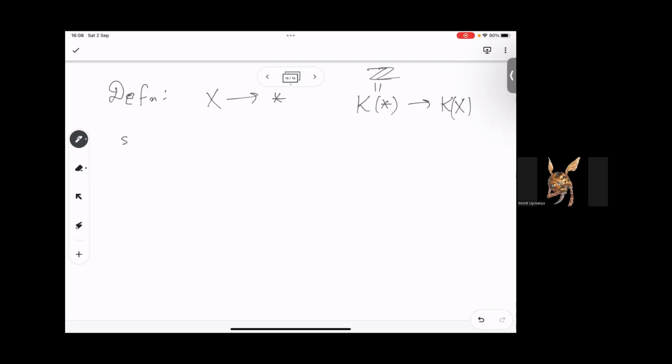Now what we are saying is, we define K tilde of X, as a definition, to be the co-kernel of this map from K star to Kx.